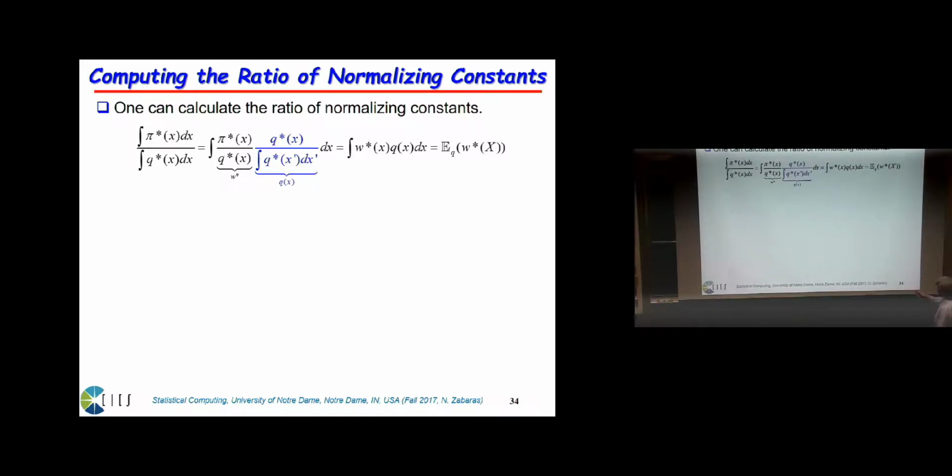So pi star over Q star is W star. Q star divided by this is Q. And effectively, the ratio of the two normalizing constants is the expectation of the weights. So basically, 1 over n times the summation of all the weights computed of your particles gives you the ratio of the two normalizing factors.